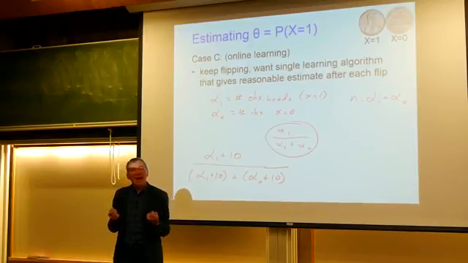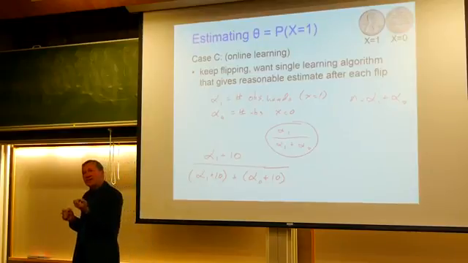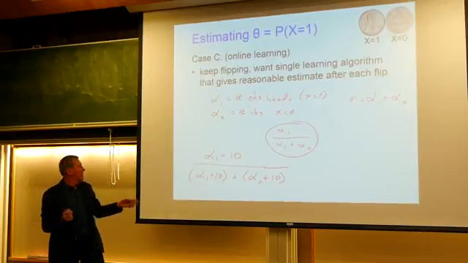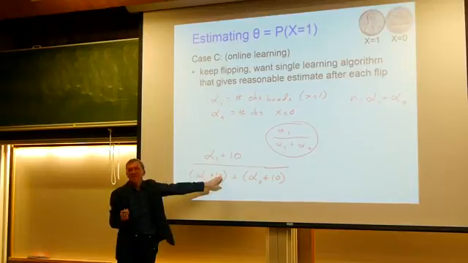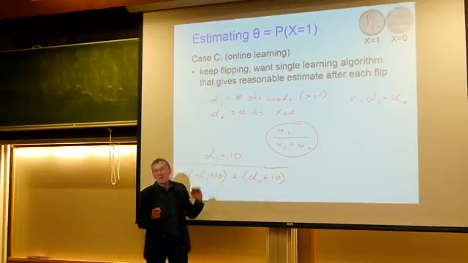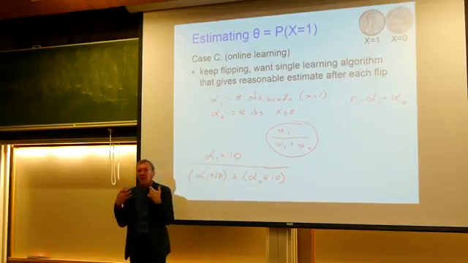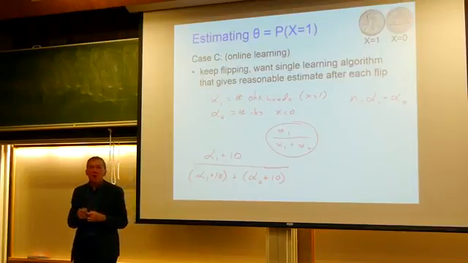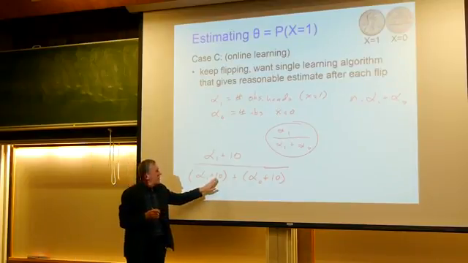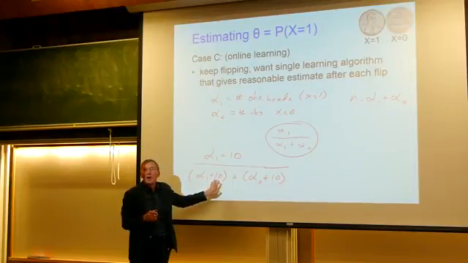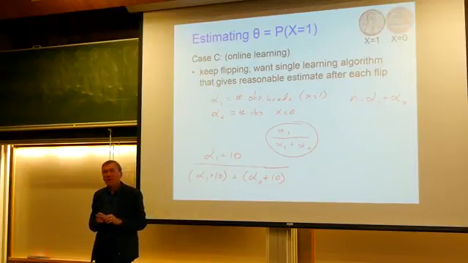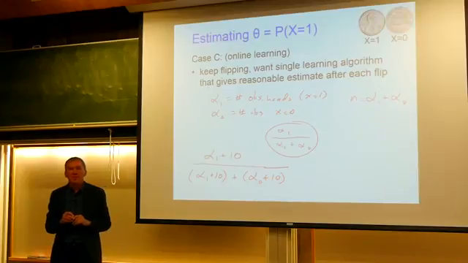If it was a coin that I had just picked up from the US Mint, then I might actually make this 200 and 200. Because I trust my prior even more strongly, so I'm willing to capture that by contributing even more imagined coin flips according to my prior.